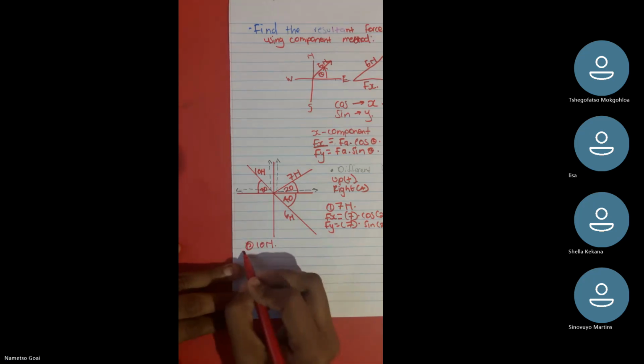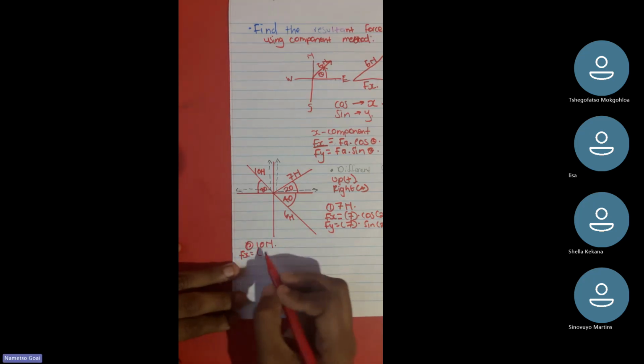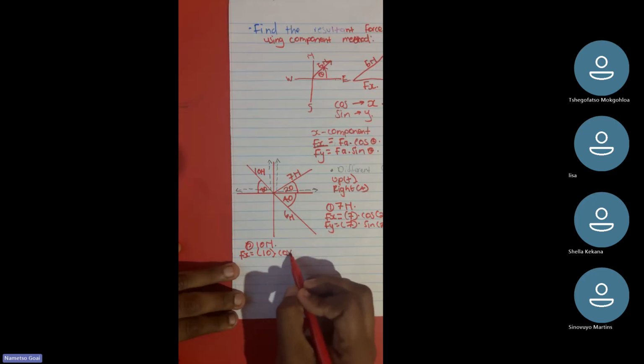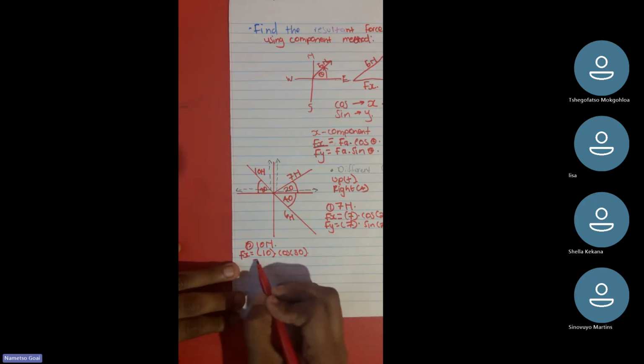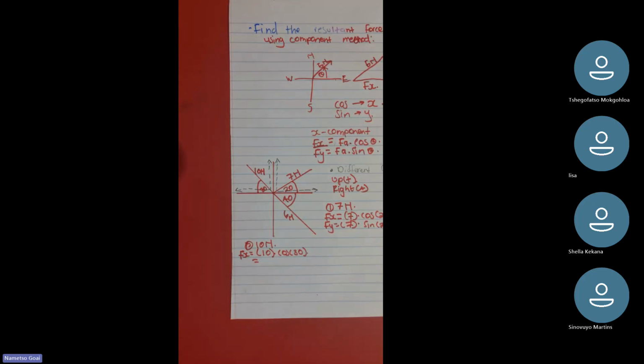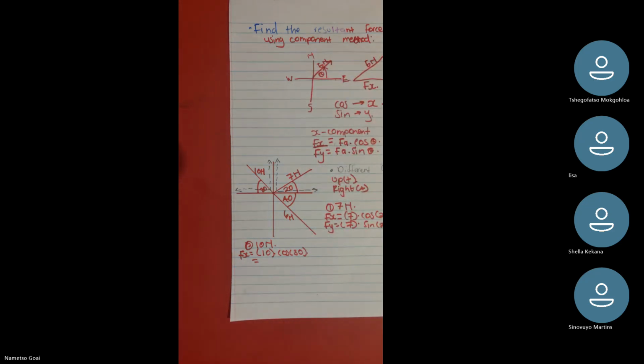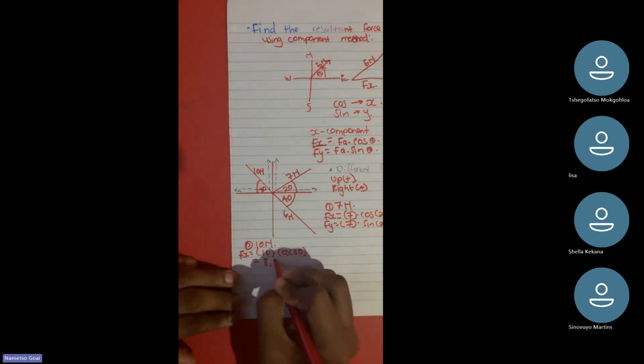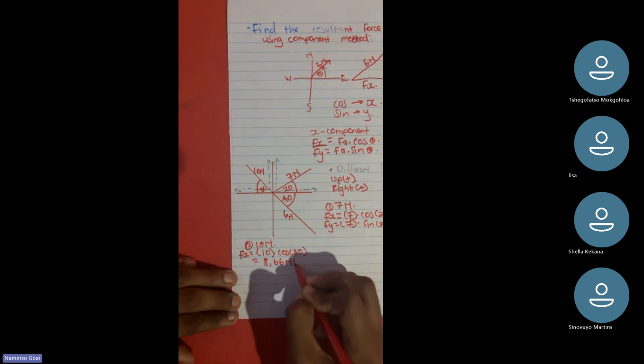For Fx, the force applied is 10 Newton multiplied by cos of 30. Can you please put this in the calculator for me? 10 cos 30 is 8.66 Newton.